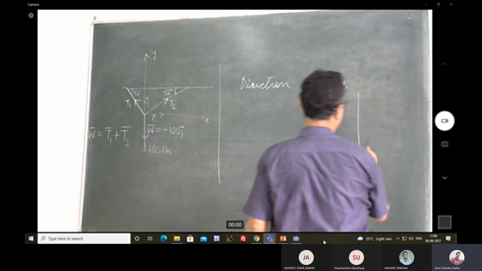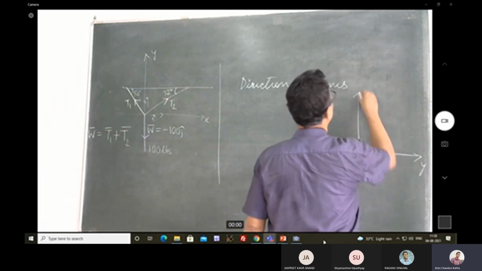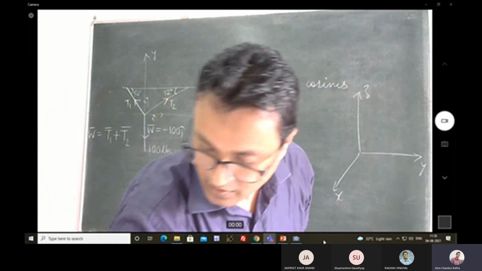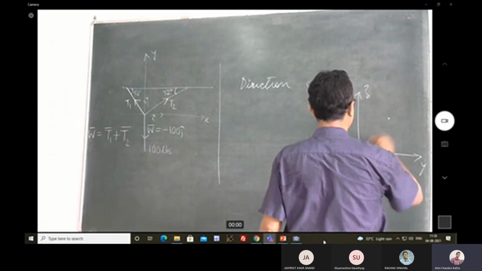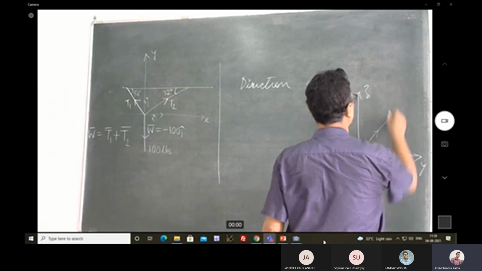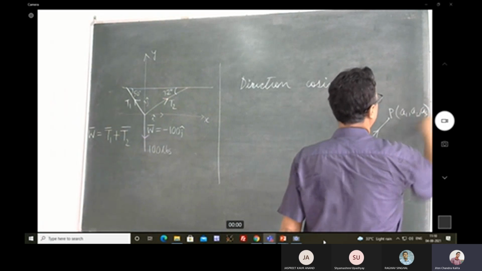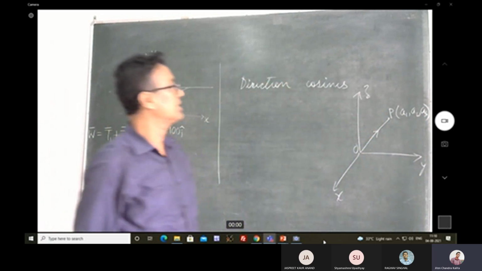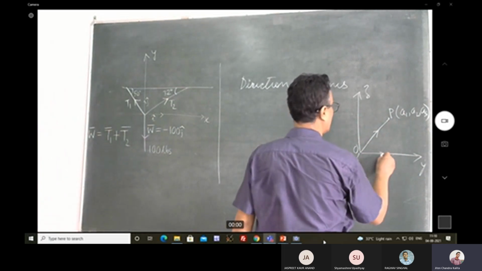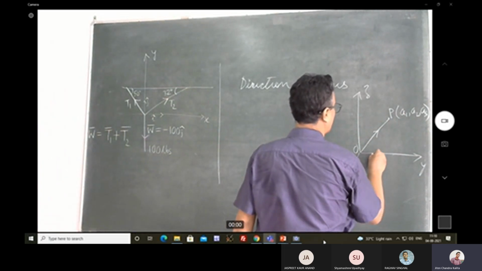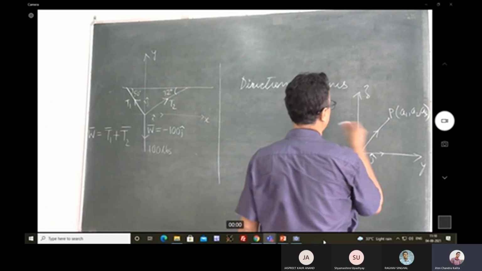If you recall, the direction cosines were with respect to a vector OP, where I was assuming the coordinates of P to be A1, A2, and A3. And then what we did, we simply considered the three standard basis vectors along the x, y, and z axes.